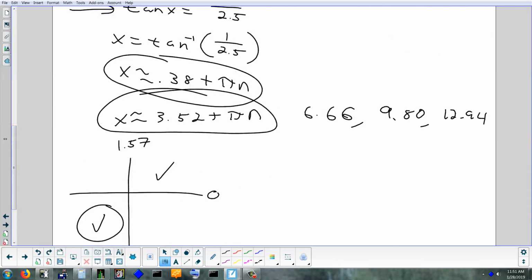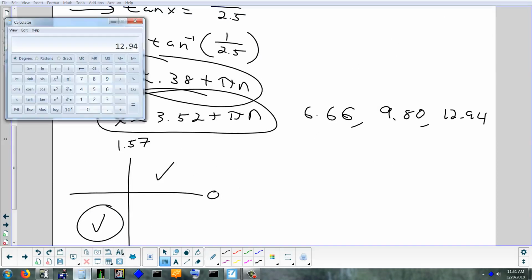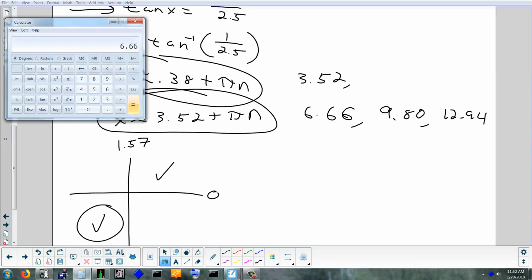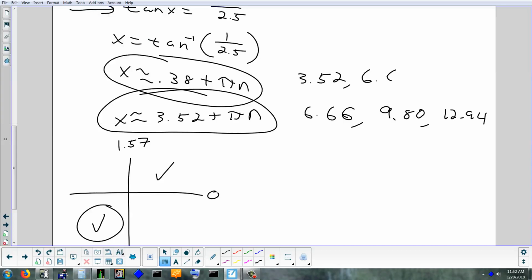Okay, let's list out the answers in the first one. 0.38 plus 3.14 gives me 3.52. Okay, let's do the next one. 6.66. And the next one. Oh, the next one's just going to be 9.80.